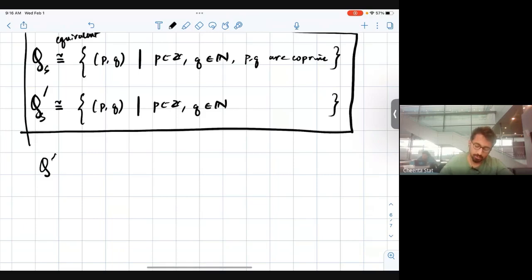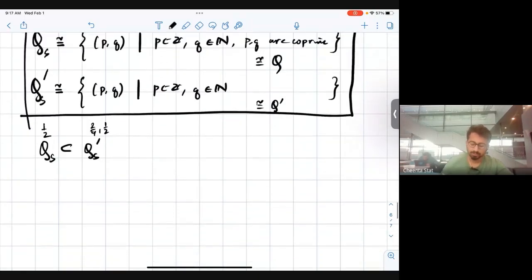So this set Q S is nothing but a subset of Q dash S dash, right? Because there is an extra condition here, P and Q are co-prime, which is not there. So Q S is a smaller set, containing a smaller number of elements. For example, here you have only 1 by 2, but here we have both 2 by 4 and 1 by 2. So this is a bigger set, but both remain the same here.